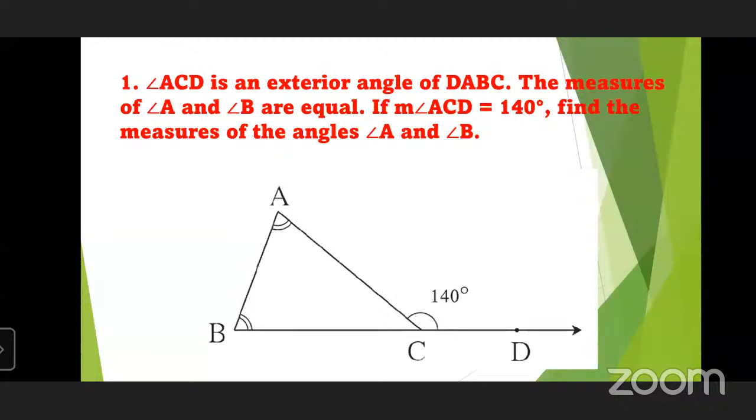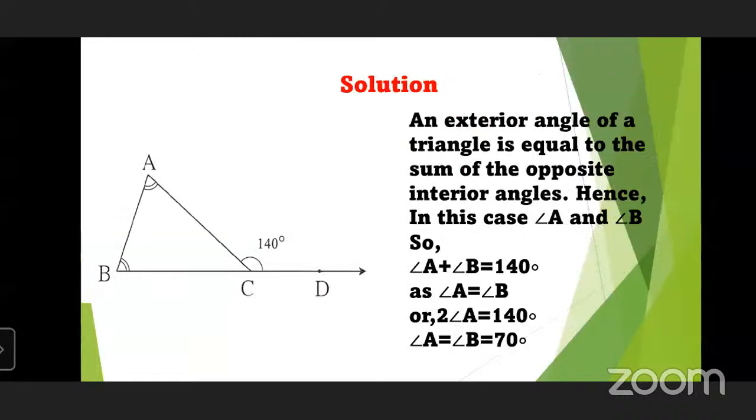Now, as we see in the property, the sum of the remote interior angles is equal to the exterior angle of the triangle. An exterior angle of a triangle is equal to the sum of the opposite interior angles.